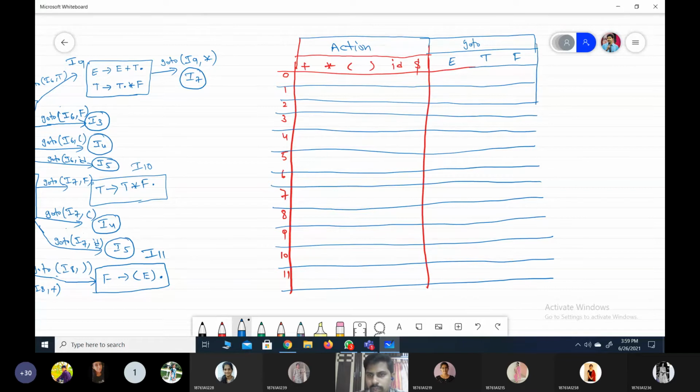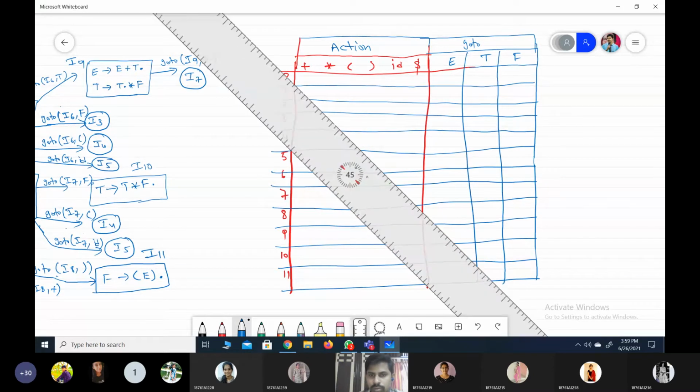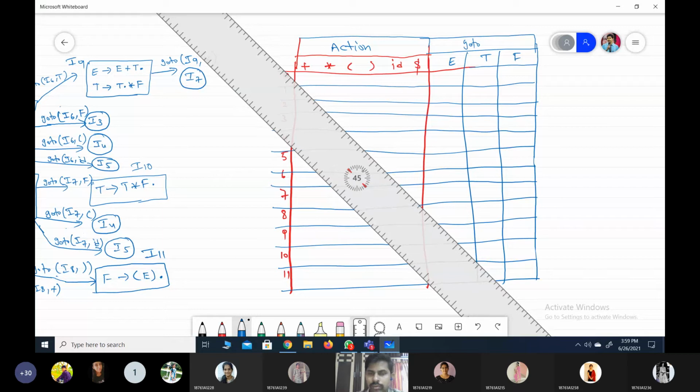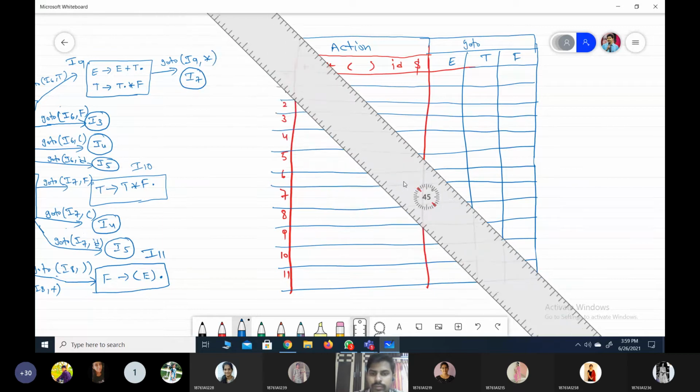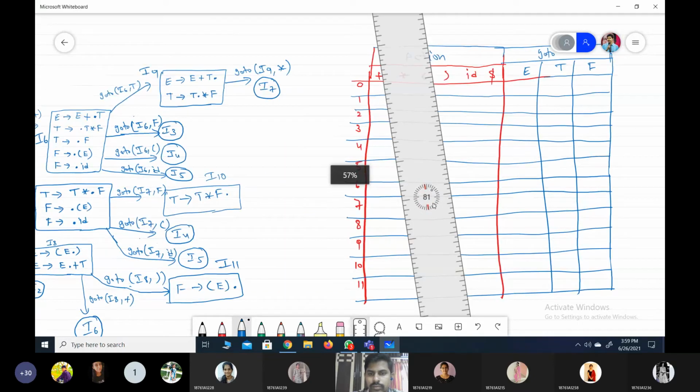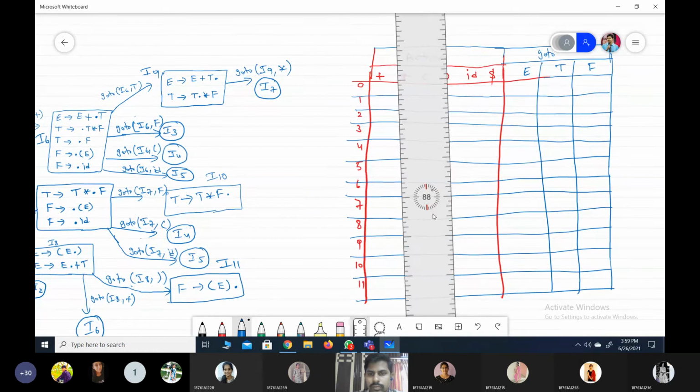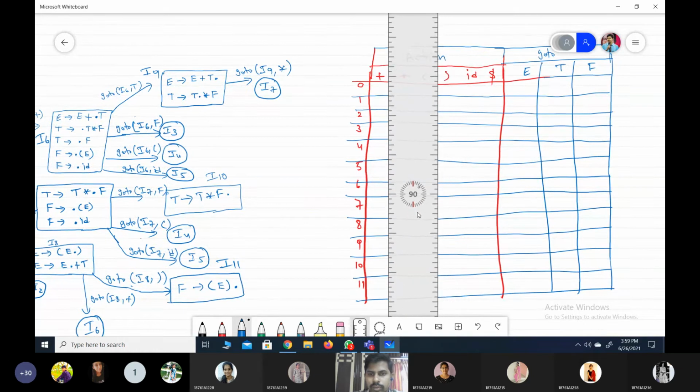Once you have completed that part, the vertical distribution and horizontal distribution are over. Now I would like to talk about the vertical distribution. I will use the scale also. I think this is a good thing for drawing.